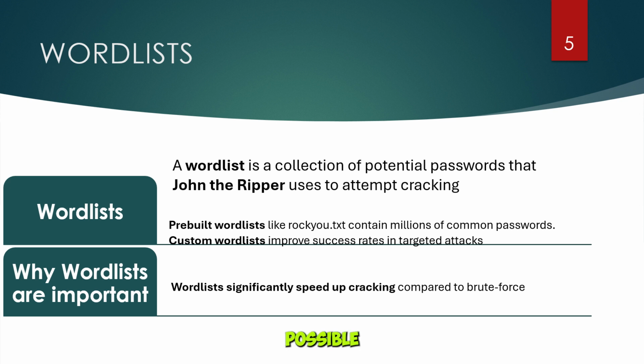Instead of trying every possible combination, that is a brute force attack, John the Ripper can use predefined word lists to perform dictionary attacks, making the process much faster and more efficient. Why are word lists important? Pre-built word lists like rockyou.txt contain millions of common passwords. Custom word lists improve success rates in targeted attacks. Word lists significantly speed up cracking compared to brute force.